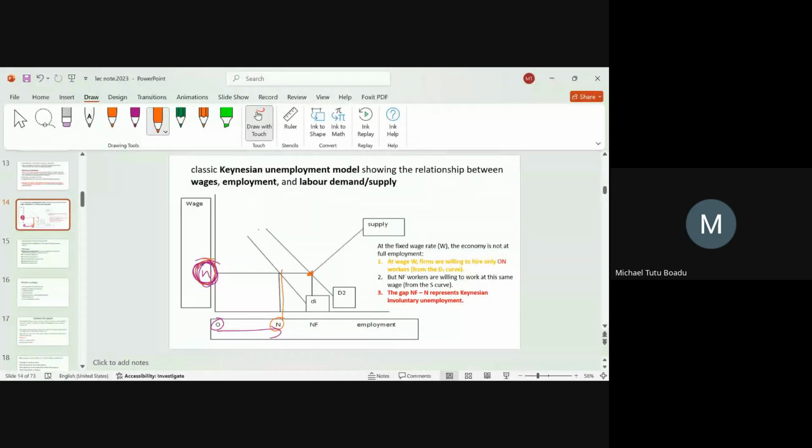You have supply increasing like this. This is the initial supply.